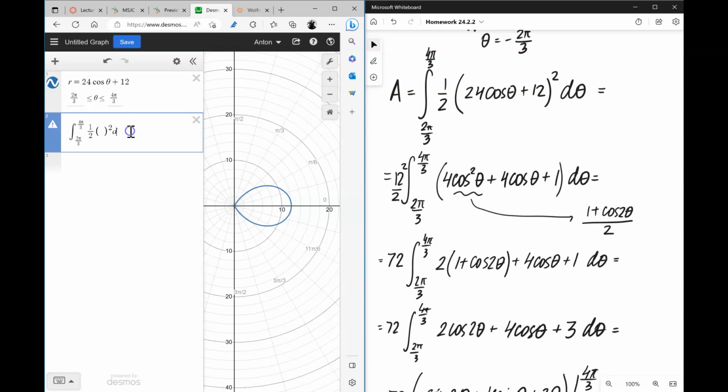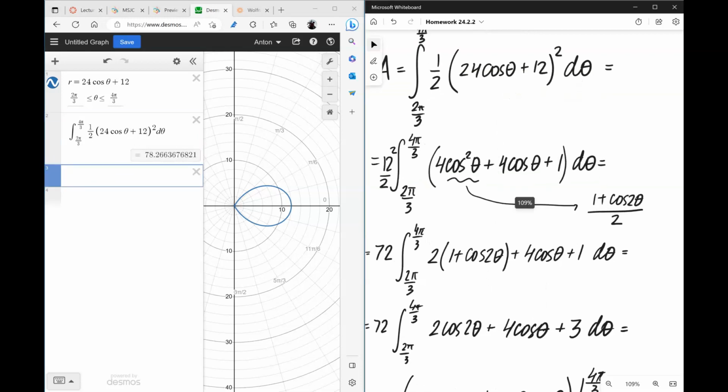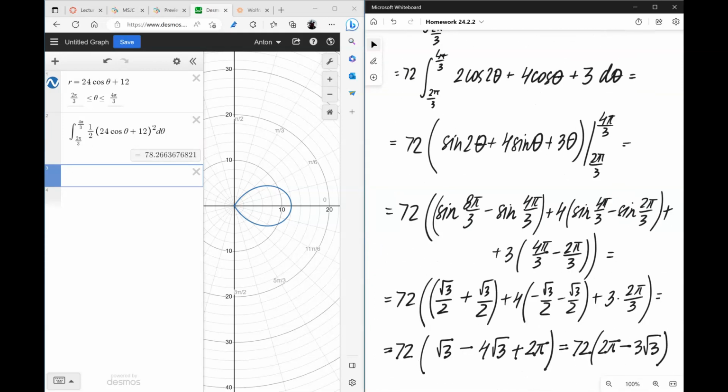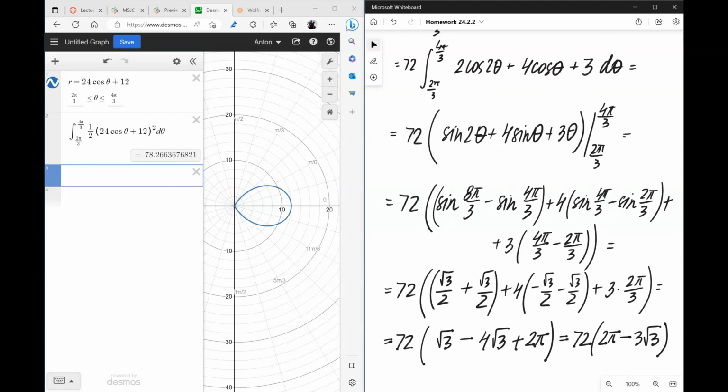Actually, just theta here. And inside parentheses we have 24 cosine theta plus 12. So that's the answer, and now I'm going to enter my answer to see if it's the right answer.